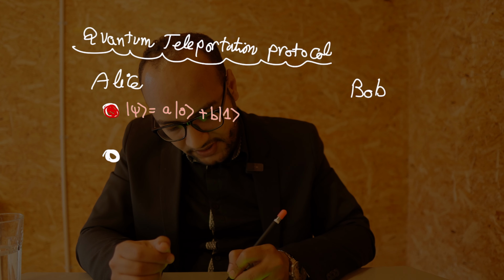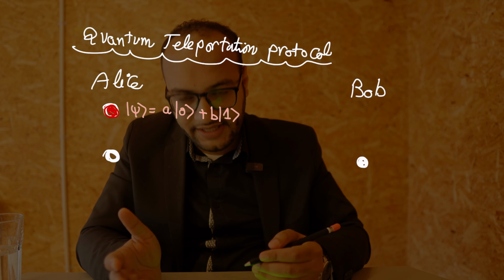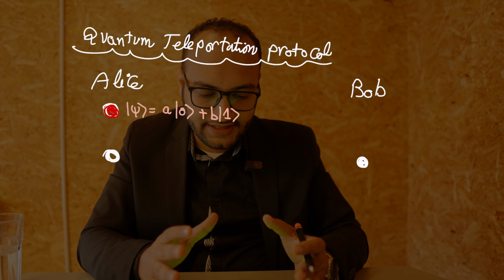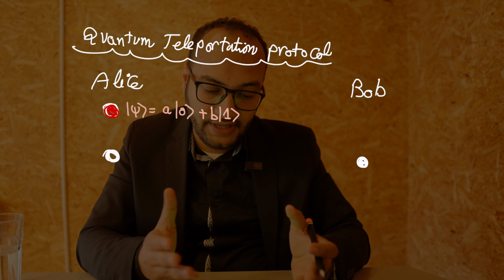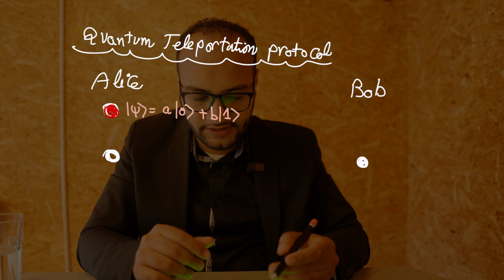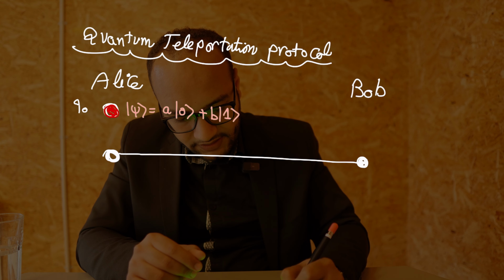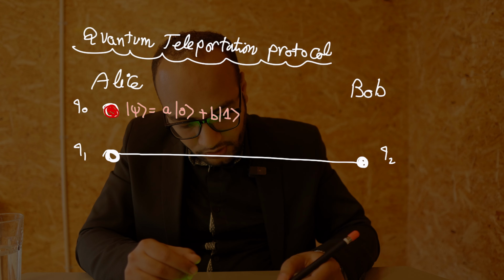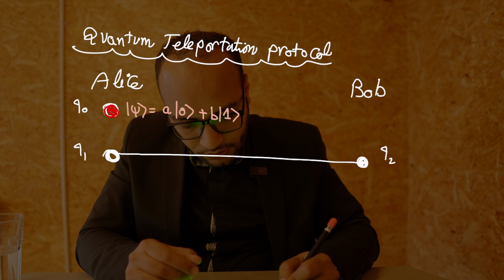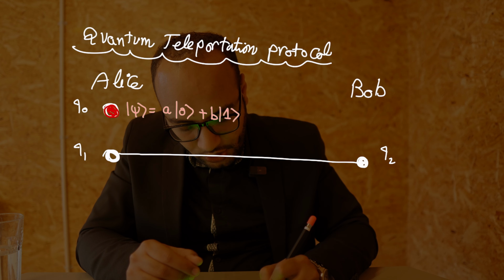So Bob needs to have 1 qubit in order to receive the secret state that Alice wants to send. For this protocol to work, the second qubit, so this is the first qubit, this is the second, this is the third. These 2 qubits, Q1 and Q2, should be in an entangled state.